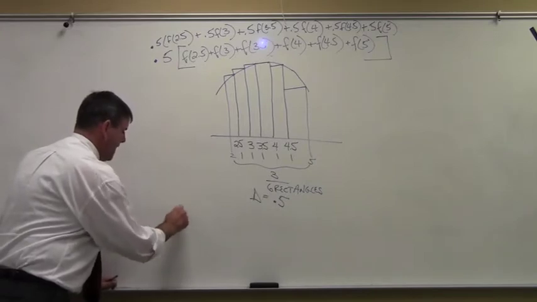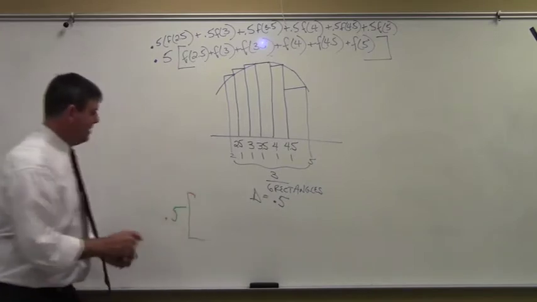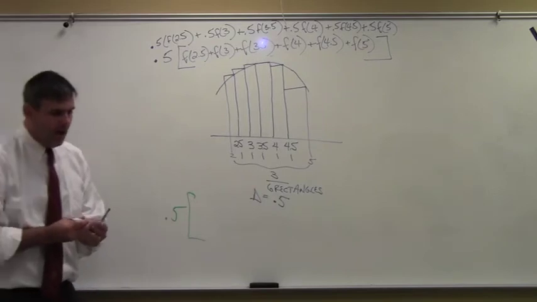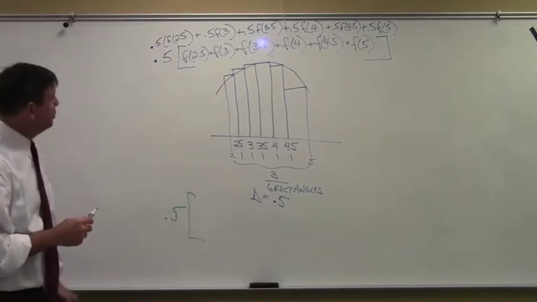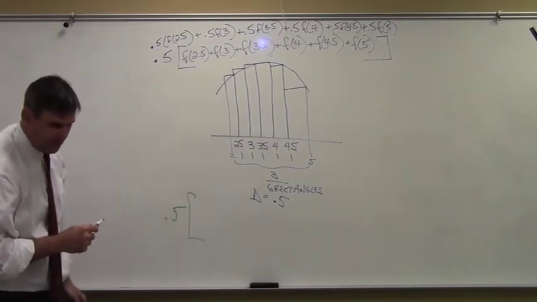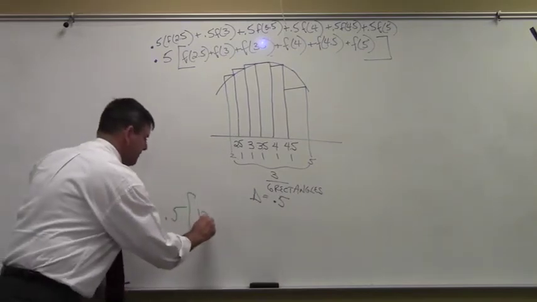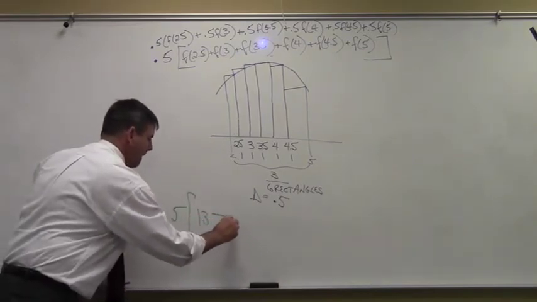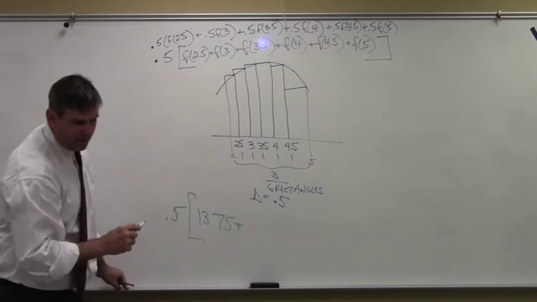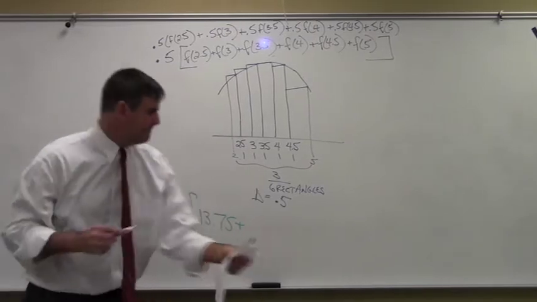So I have 0.5. Try to write them a little bigger. F of 2.5, which was my first one, is 13.75. F of 3 was 15.